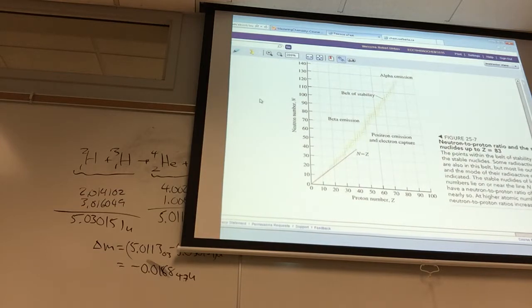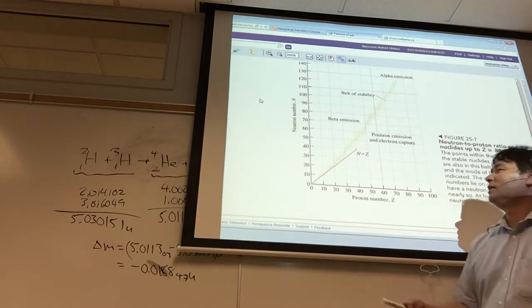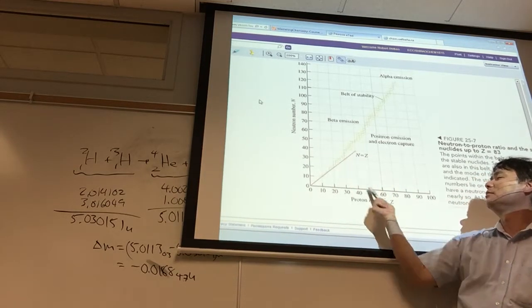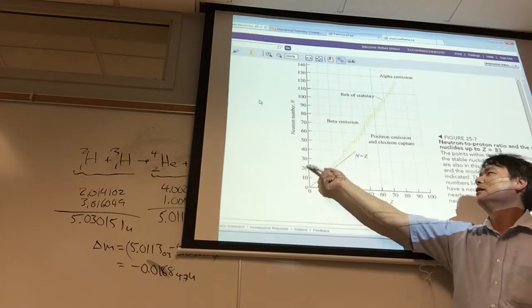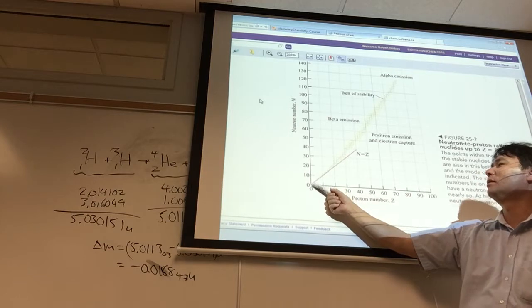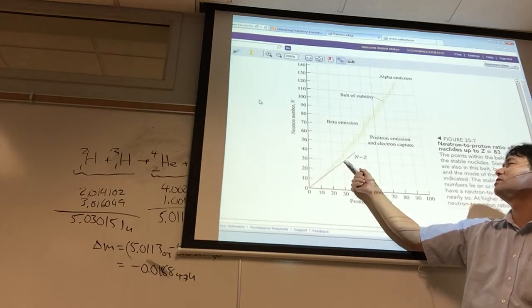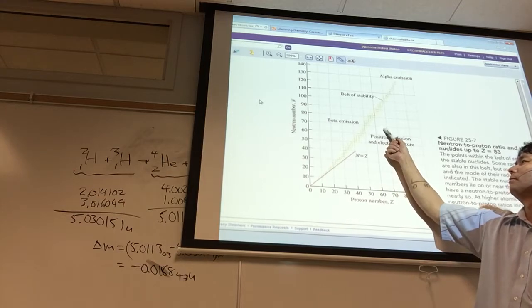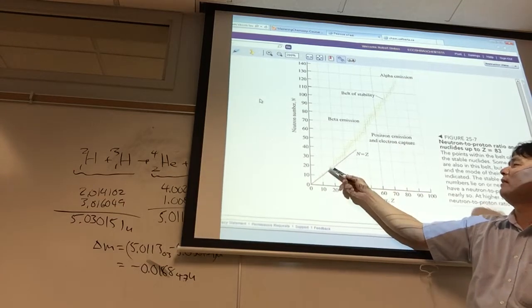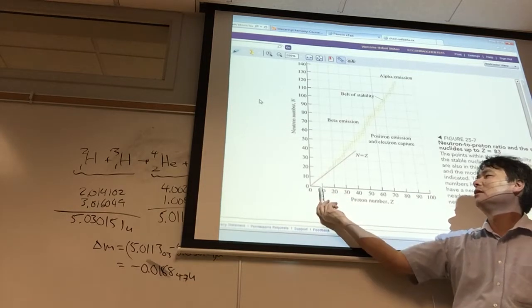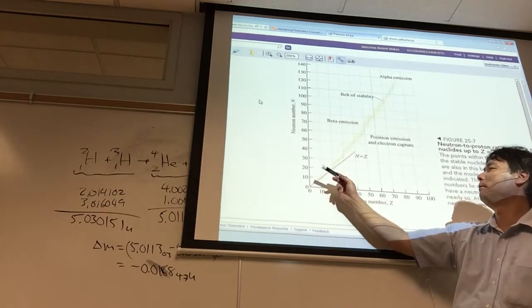This is the next pattern that's observed. It also depends on the neutron to proton ratio. If we plot the neutrons here and the protons here, if we had the same number of protons and neutrons, it would just be a 45 degree angle line here. But it looks like we favor a 1-to-1 ratio for the lighter atoms.